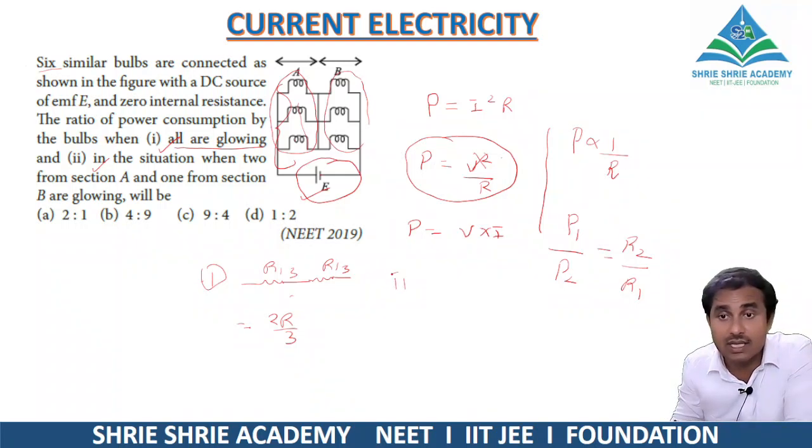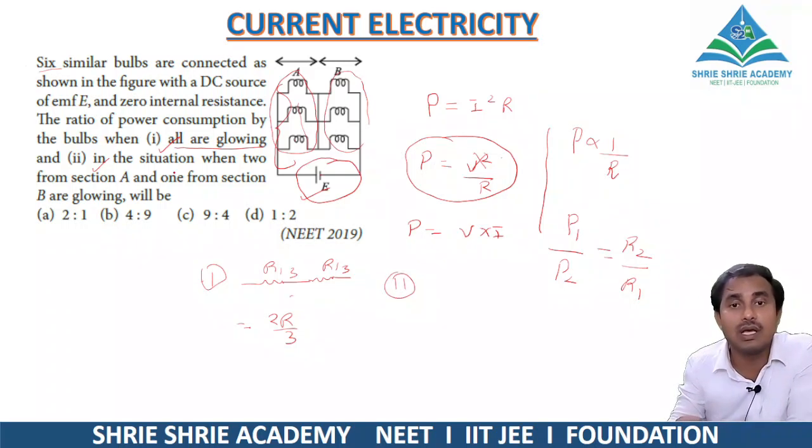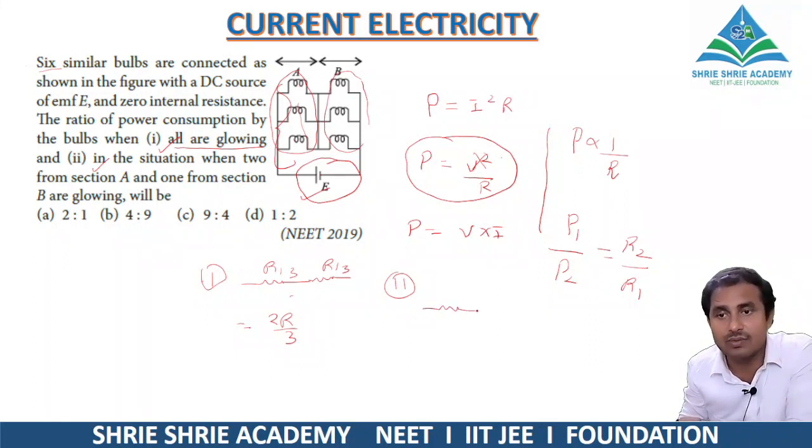Second condition resistance: it is given that in the section, 2 from A and 1 from B are glowing. 2 from A in parallel means you get R by 2, and 1 from the second part is R. So R plus R by 2 is equal to 3R by 2.